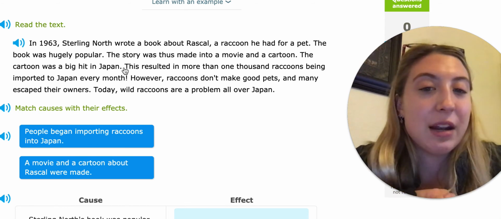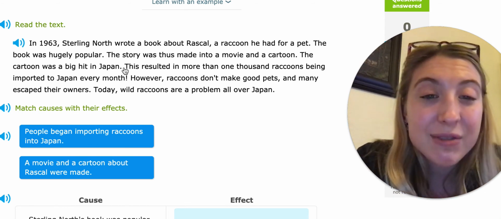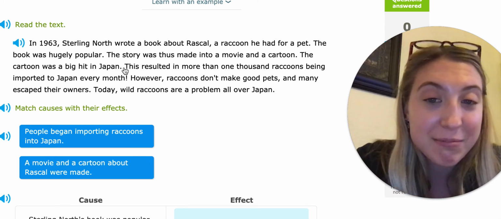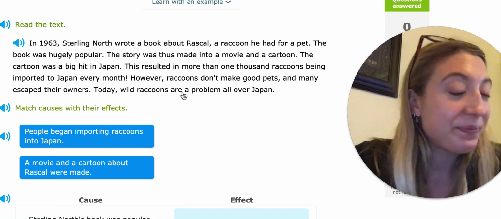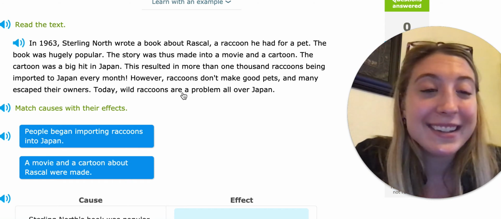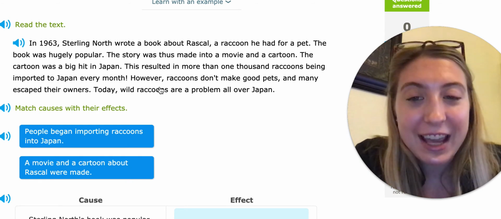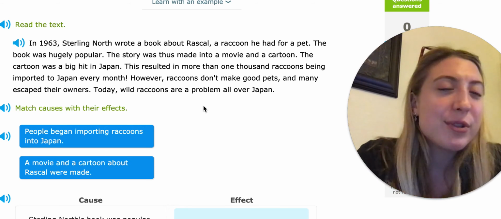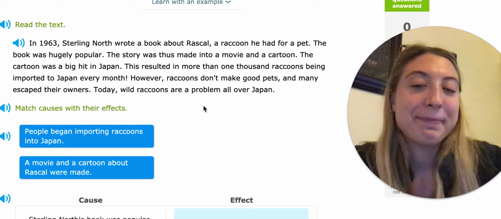This resulted in more than 1,000 raccoons being imported to Japan every month. However, raccoons don't make good pets, and many escaped their owners. Today, wild raccoons are a problem all over Japan. Would you want a raccoon for a pet?